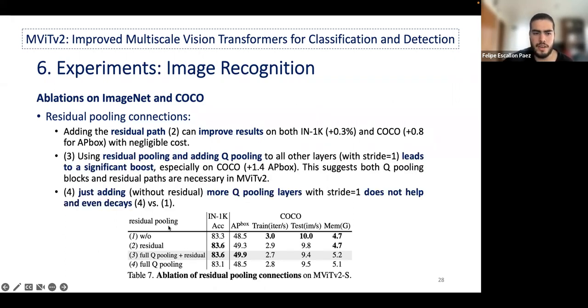Here we can see that the accuracy is actually improved using either only residual or the residual pooling plus the full Q pooling, and that they outperform by not that much, but they do need extra computational power, because it requires more memory than before.